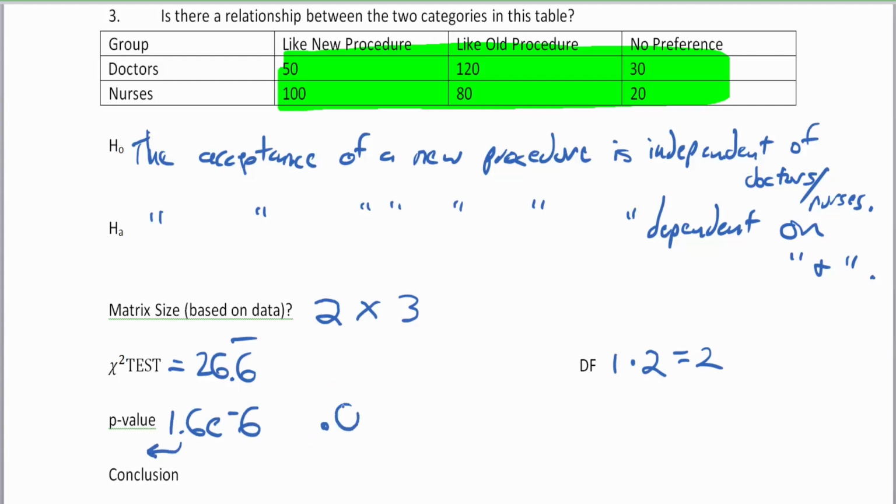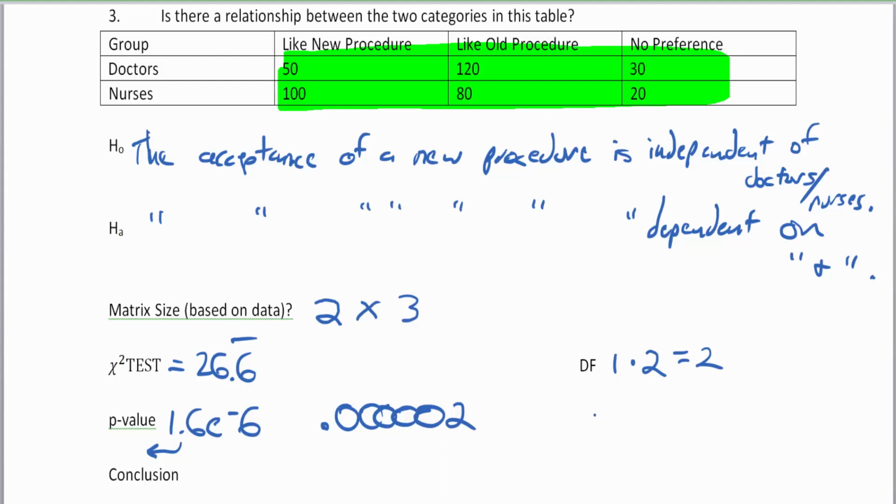So we have a 0.0000016, or you could round that 1.6 to 2. A lot of books state that if you write exponential notation, you move the decimal and round to the nearest first non-zero number. And 1.6 would round to 2, so 2 with 5 zeros in front of it.